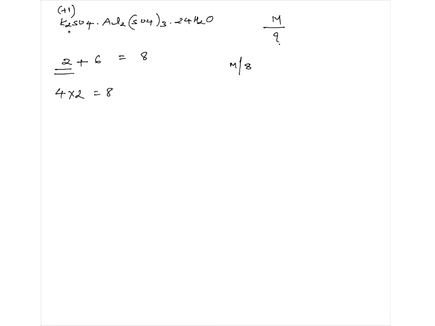Potassium has got +1 charge, so there are 2. But we want total cationic charge, not just one fellow. 2 aluminum. Aluminum alone +3. So 2 + 6. So total cationic charge will be 2 + 6 equal to 8.